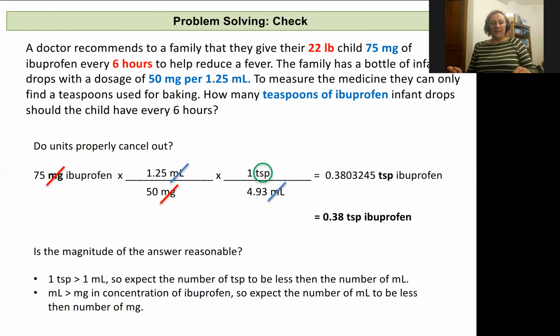And so my teaspoons are definitely going to be less than that, like 1 or 2 milliliters. And so that can kind of help me determine that, yeah, it's reasonable to have a number that's less than 1 or 1.25 or 2. And so I can feel a little bit more confident with my 0.38 teaspoon answer. Also, making sure that my units canceled appropriately and double checking that. Writing out my units every time will allow me to be confident that my answer is correct.